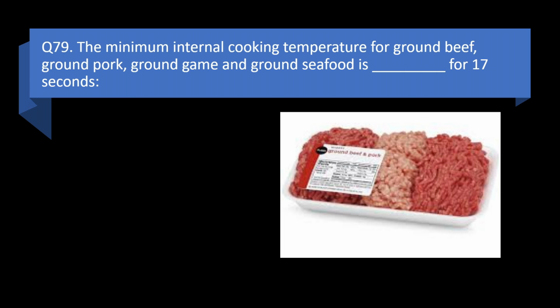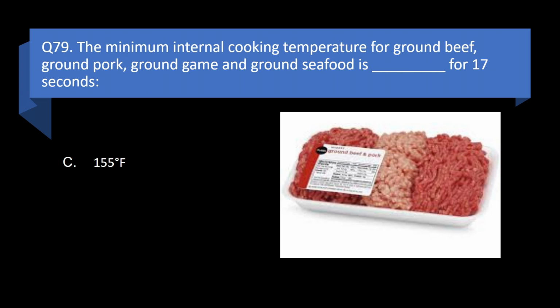The minimum internal cooking temperature for ground beef, ground pork, ground game, and ground seafood is blank for 17 seconds. 135 degrees Fahrenheit, 145 degrees Fahrenheit, 155 degrees Fahrenheit, or 165 degrees Fahrenheit.